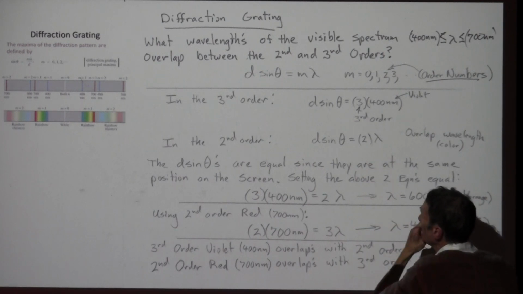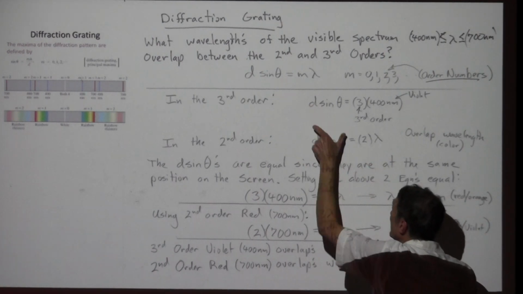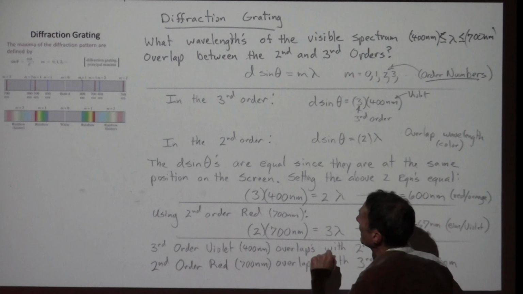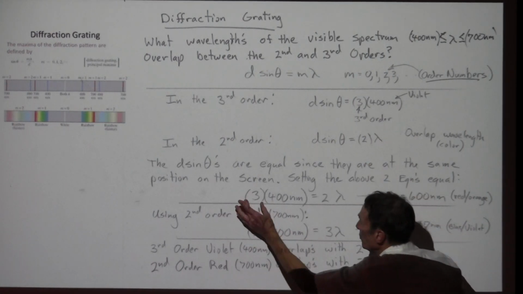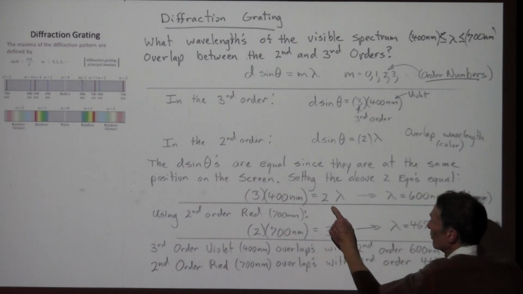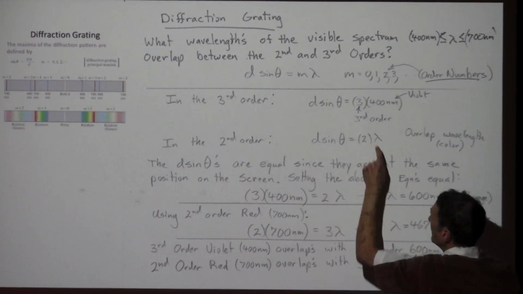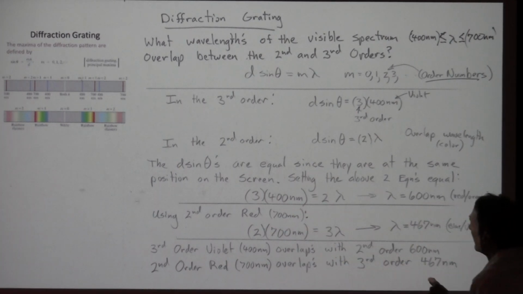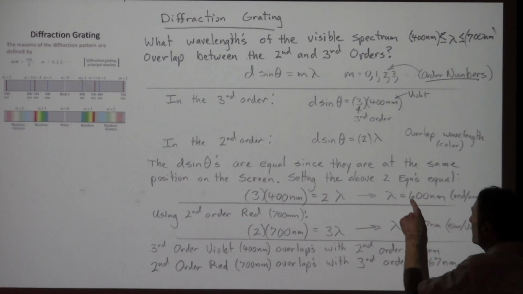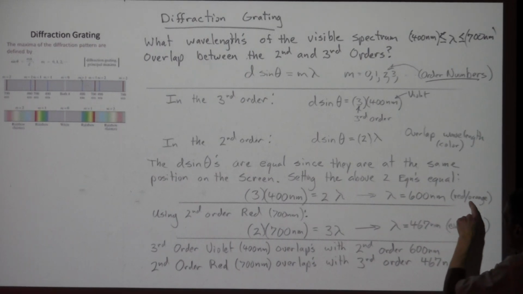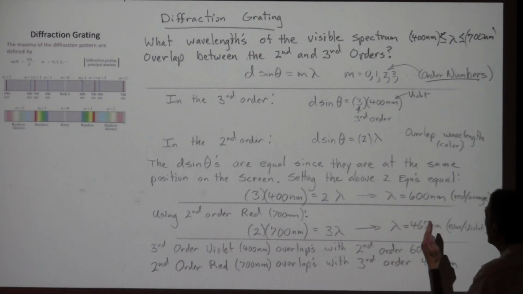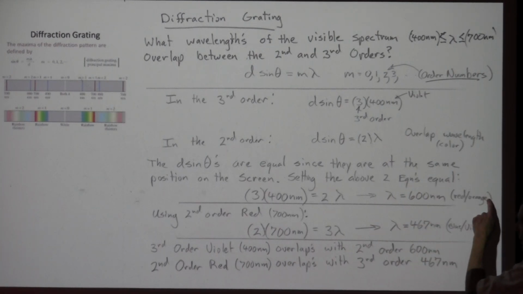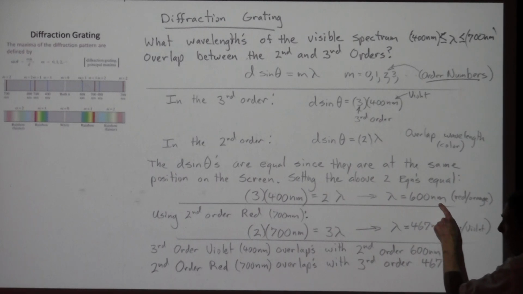Okay, so since these two things are equal, we can go ahead and set them equal. 3 times 400 is equal to 2 times lambda. And I can come up with a lambda of 600 nanometers. That's where the violet would start to overlap with the red. That would be that first overlap.